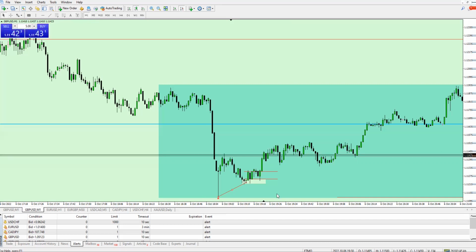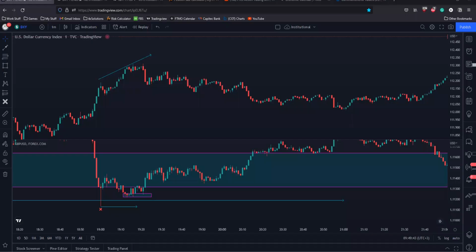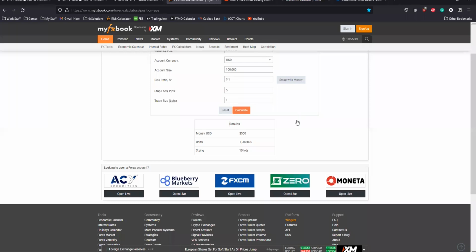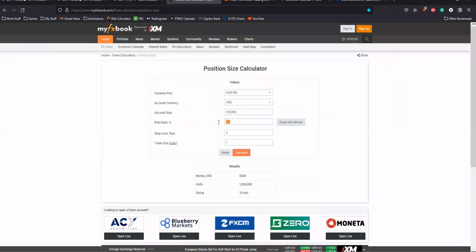But let's just do the numbers. Let's say hypothetically that you don't have a $100,000 account and you have to risk 0.5%, and let's just say you've got a $1,000 account. You can still take a 0.1 lot size, which would have been $40 or so. That's pretty good for $1,000.